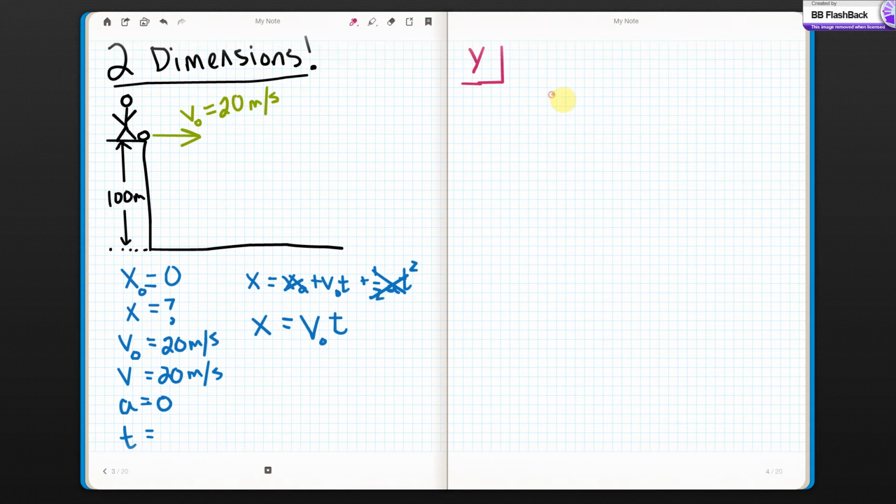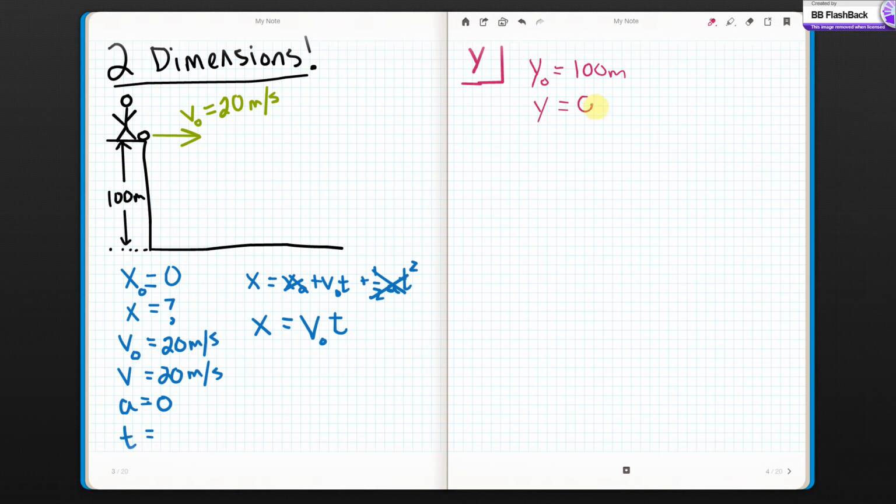So in the y direction, I have a little more information. Well, my initial position is actually 100 meters above the floor, so that's my initial position. At time t, that is, when it hits the ground, this position will be 0.